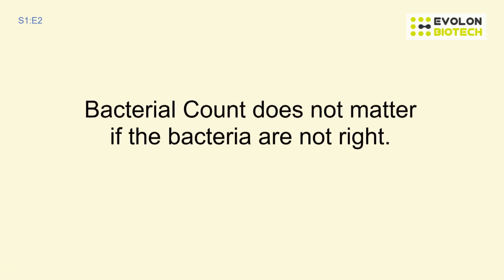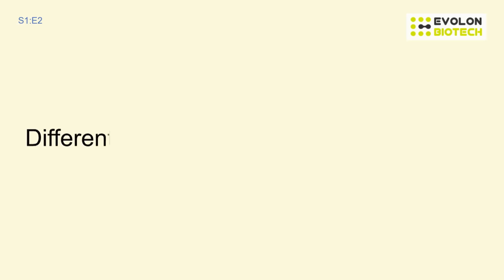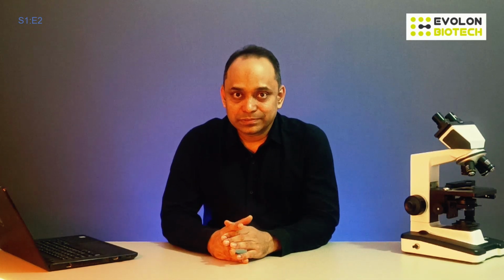Bacterial count does not matter if bacteria is not right. We have to use the right bacteria for the right substrate. A goat will eat grass and a lion will eat meat. You cannot switch one for the other. You have to know your substrate and you have to know your bacteria. And then you have to select the right one. And yes, we'll see how to do that the easy way.